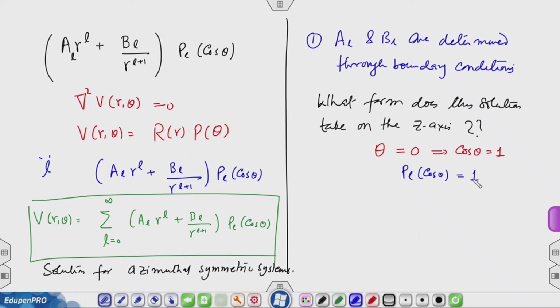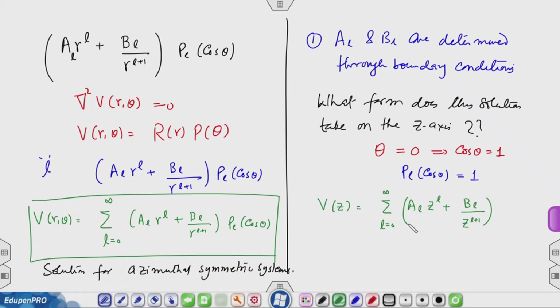All Legendre polynomials have this value 1 at 1, and therefore, in an azimuthally symmetric problem, V on z is going to be equal to summation L equals 0 to infinity A_L z raised to L plus B_L over z raised to L plus 1, where A_Ls and B_Ls can now be determined from the problem.